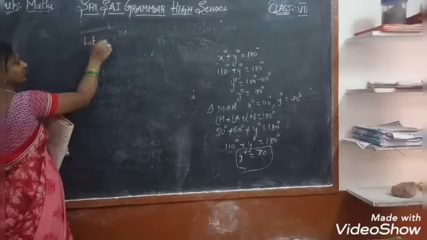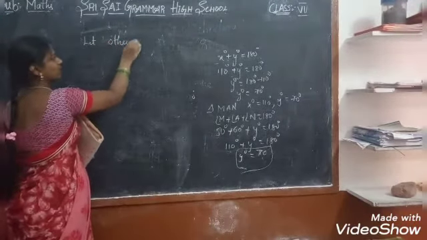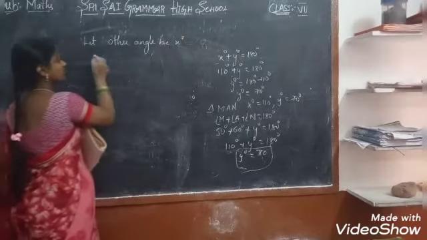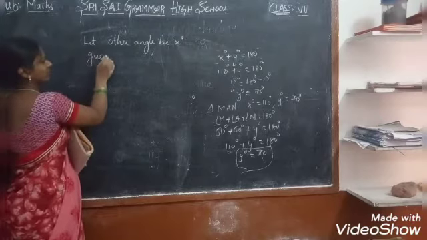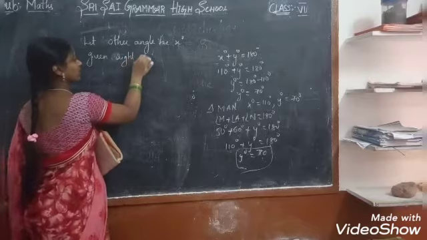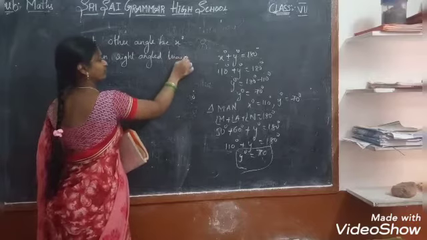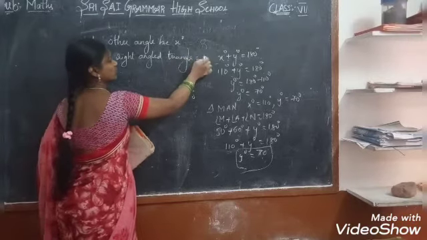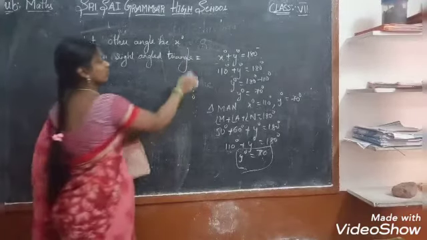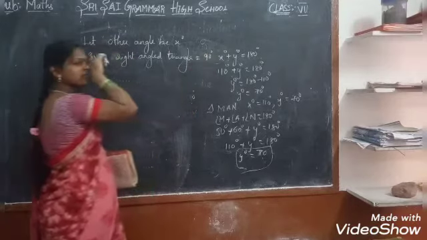Let the other angle be x degrees. Given a right angle triangle, one angle is 90 degrees.